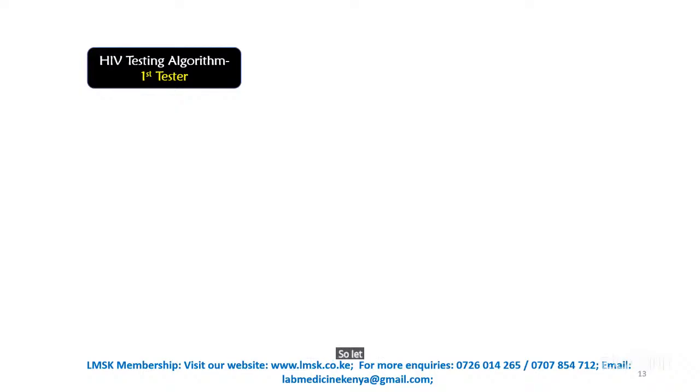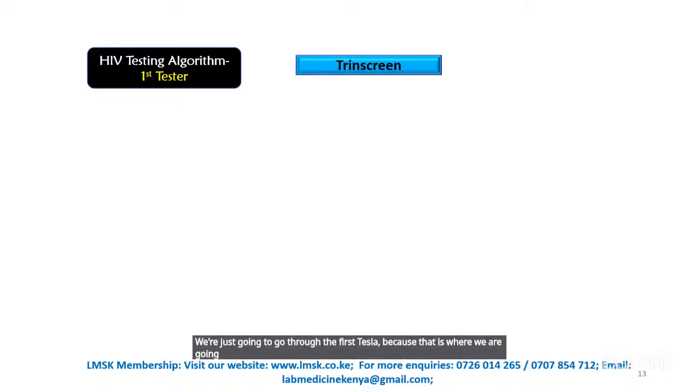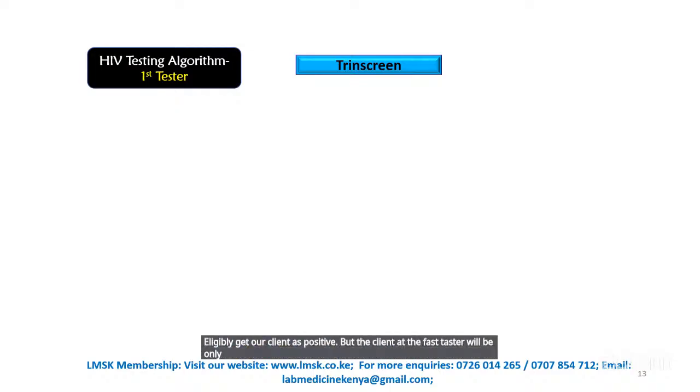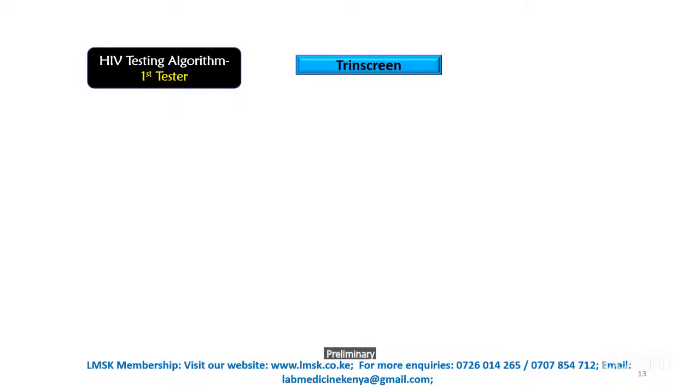So let's have a brief look at the 3-tier national algorithm. We're just going to go through the first tester, because that is where we eligibly get our client as positive. But the client at the first tester will only be preliminary positive, then sent to the second tester for confirmation. In the 3-tier algorithm, we have a screening test, which is TrinScreen.